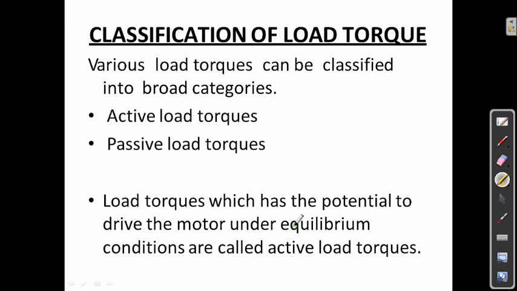The main concept of this load torque is that it has the potential to drive the motor under equilibrium conditions. If the motor is running at that equilibrium condition, then it is called an active load torque.